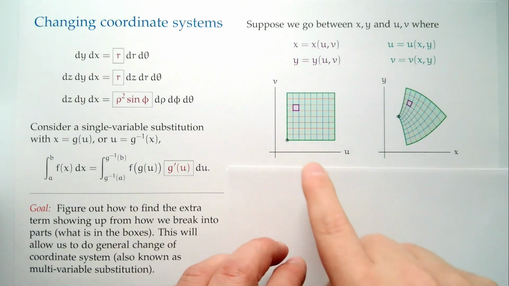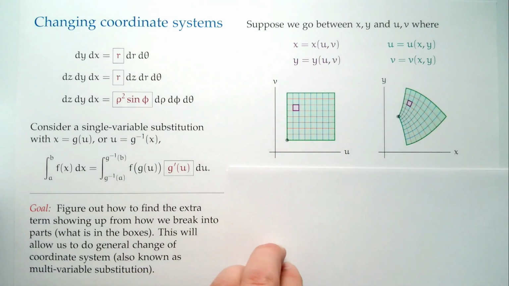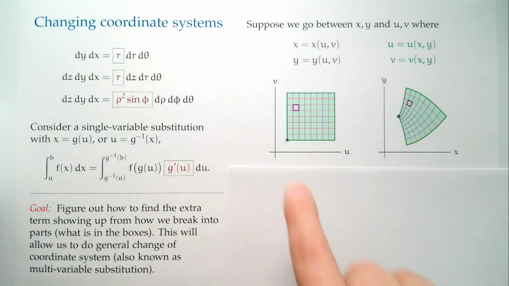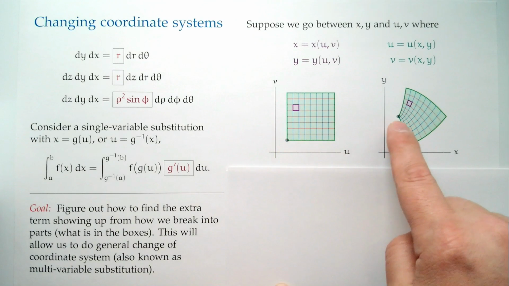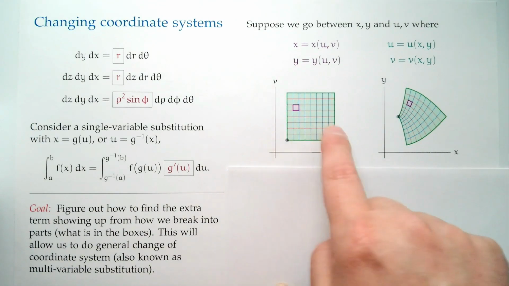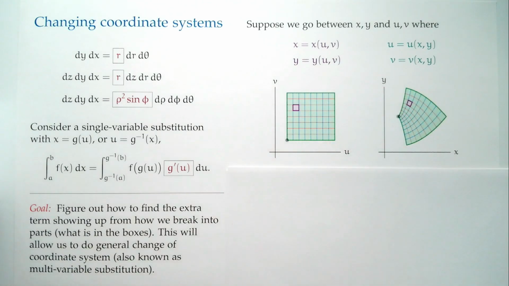Every single point in u and v corresponds to a point in x, y, so I've mapped my space. This corner, marked with a dot, maps to that corner. You'll also notice these grid lines, which become somewhat more interesting grid lines over there. So we're transforming from one space to another.